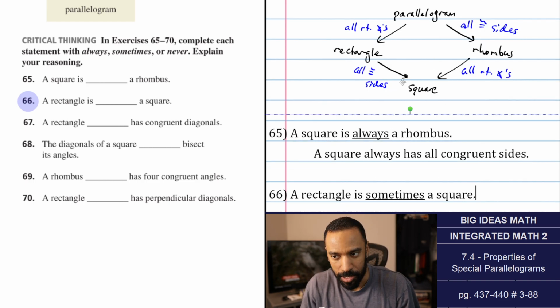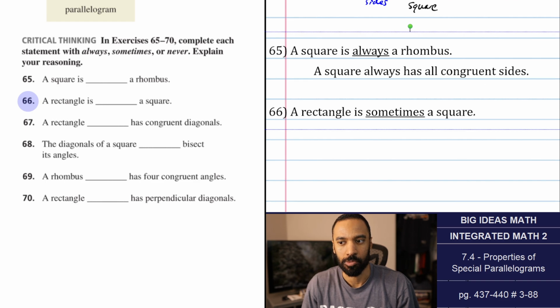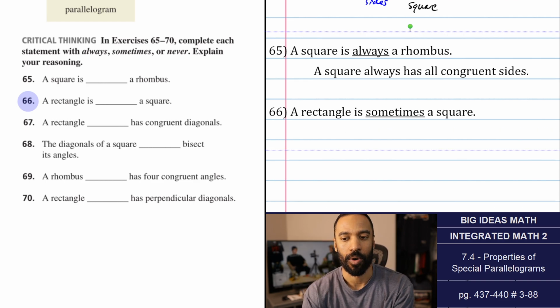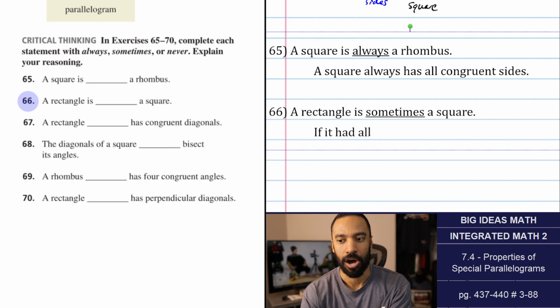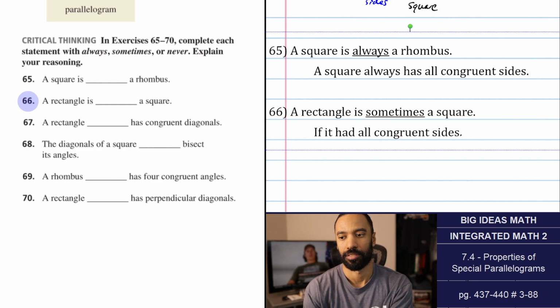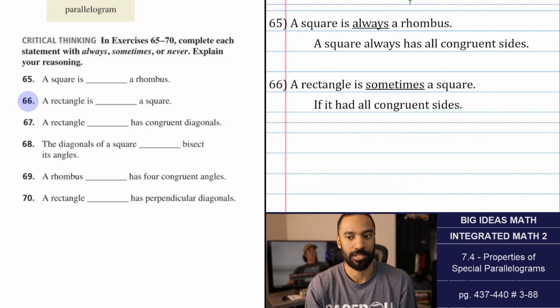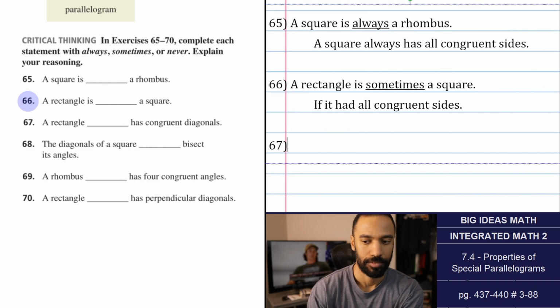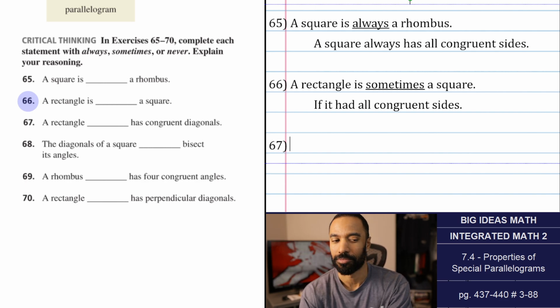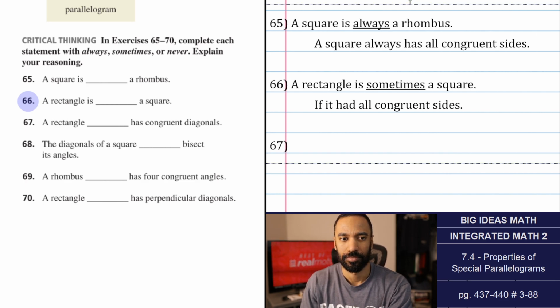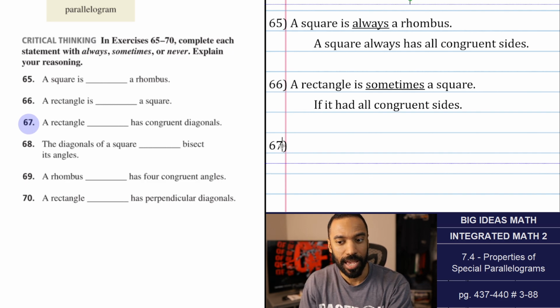But a rectangle is sometimes a square. It's possible. What would make it one? What wouldn't make it one? If it had all congruent sides, then it would be a square. If it doesn't, then it's just a rectangle. There's nothing wrong with just being a rectangle. I was once a rectangle. It's okay. Then I got congruent sides.